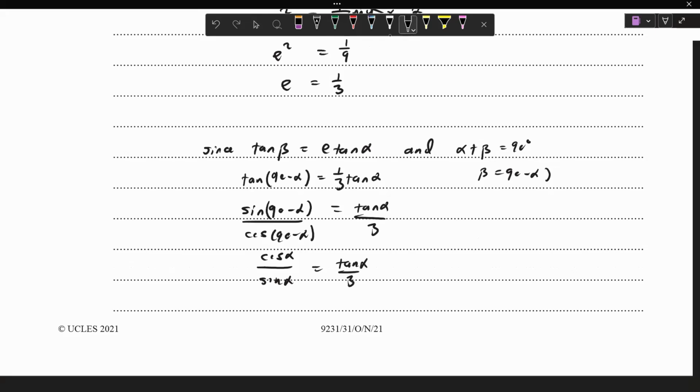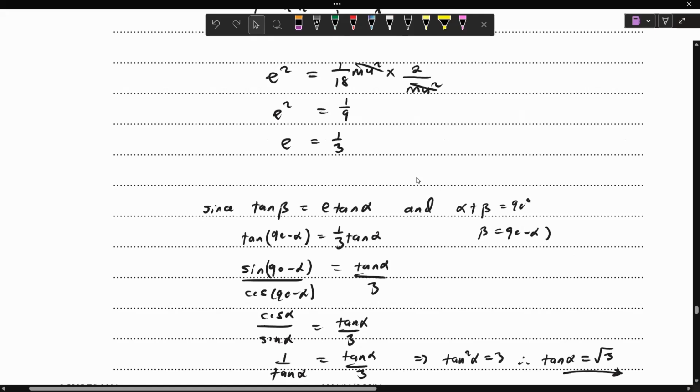So basically, this is the same as cot alpha, which is 1 over tan alpha, equals tan alpha over 3. If we cross multiply, tan squared alpha is equal to 3, which means that tan alpha is equal to root 3, right? Yeah, I think it's good if we look at it that way. So that's how we solve this problem.